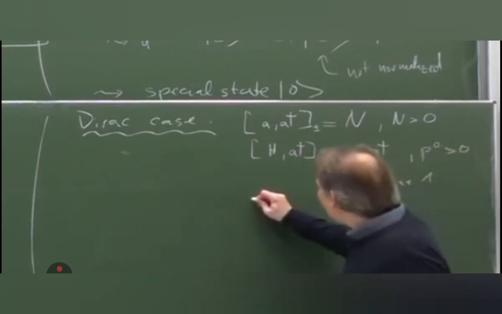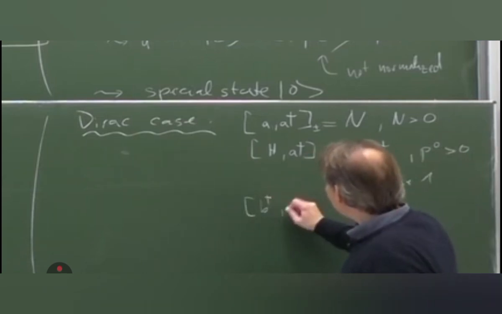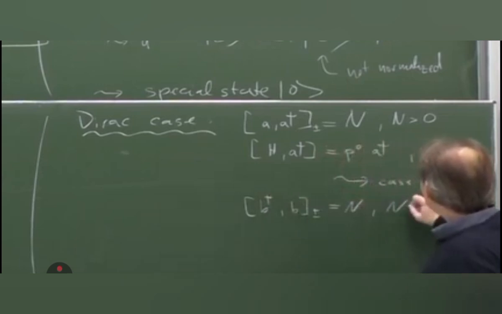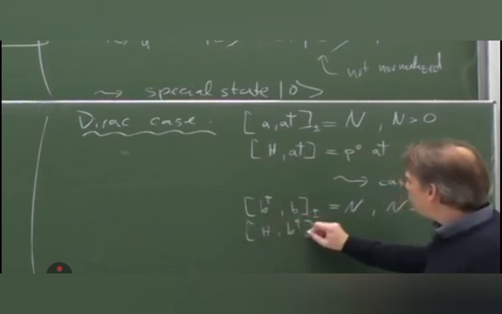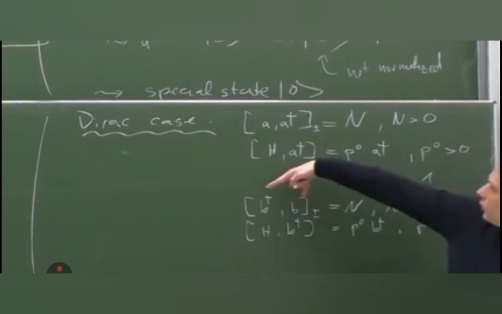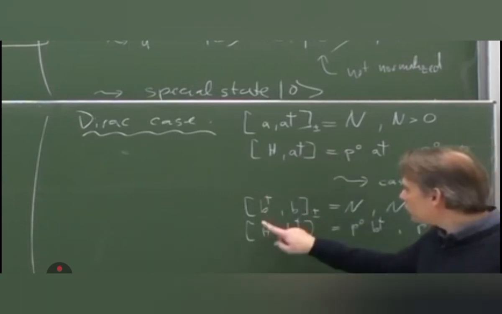But in the B case, we have this B dagger B plus or minus is equal to n, where n is positive, and h B dagger is p0 times B dagger with positive p0. And here we had the wrong order, and therefore now this is one of these orange cases.